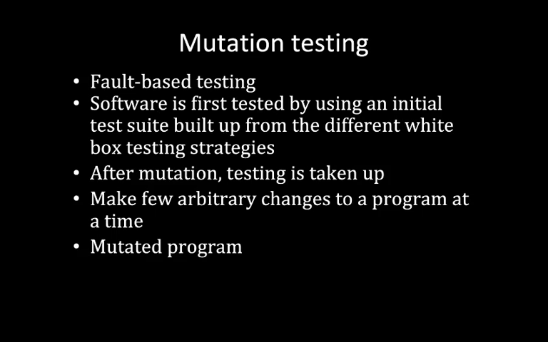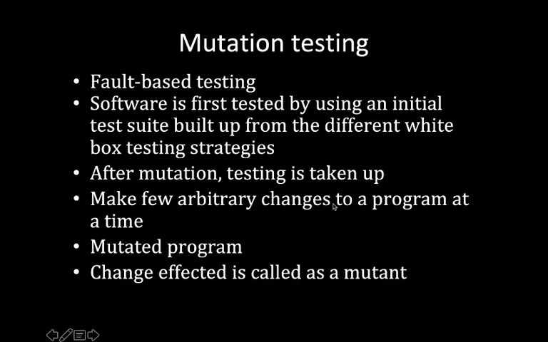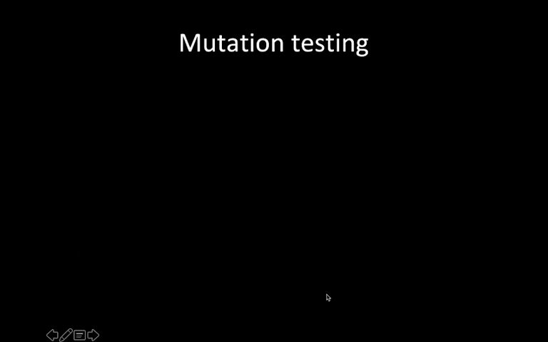Then we mutate, or change, the program, shuffle some lines of code, and again use the same test cases to test whether it is working properly. If it is still working properly, then there is some error in the program. Even after changing one line of code, we are getting the correct result. That means there might be some error in the program. So we have to check whether there is some error.